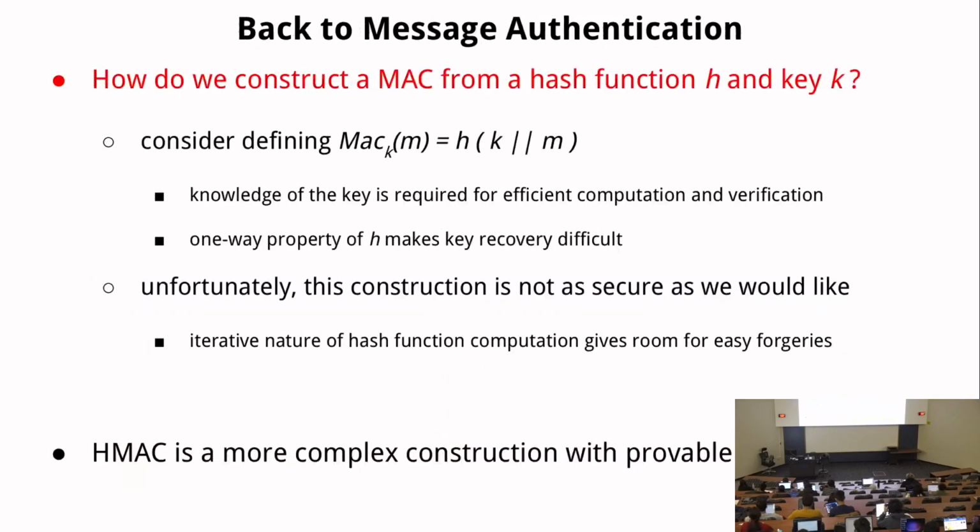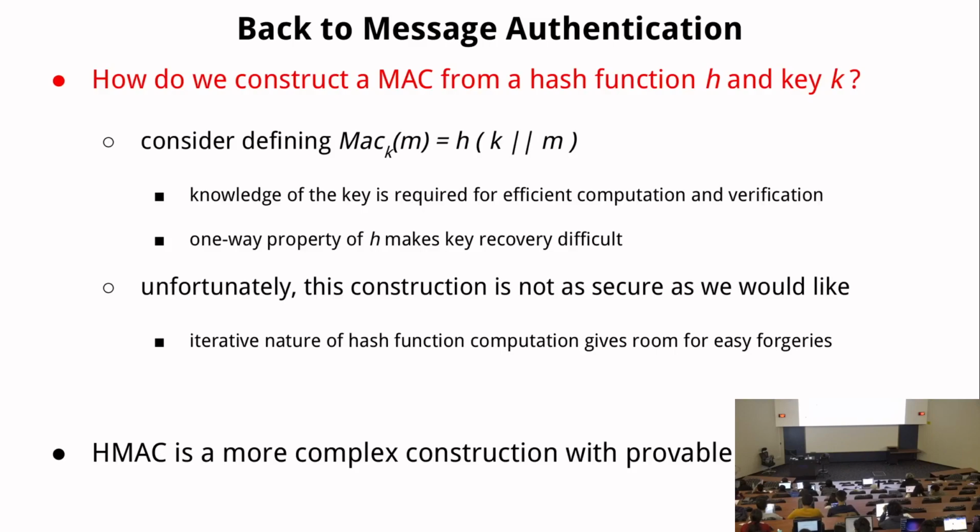So back to the message authentication code, we can use the CBC mode of symmetric crypto like AES to build a MAC. We can also use hash functions to build a MAC. A very simple way to build it is this: in a MAC, we have a key. Then we just concatenate our key with the original message, then we just hash it, right?